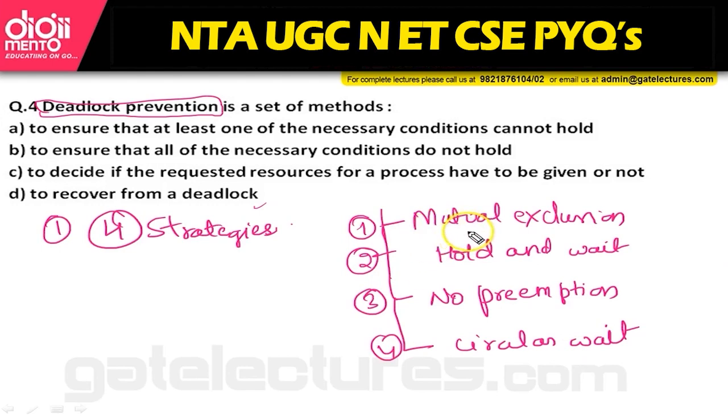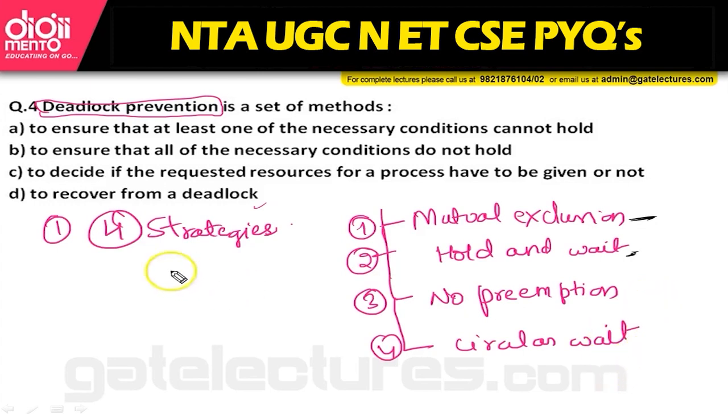What is mutual exclusion? If processes are not mutually exclusive, one process can execute other processes' instructions, and then deadlock can occur. Hold and wait is when one process is holding resources and waiting for some other resources and is not even releasing them. Non-preemption means a process is not preempted until it gets all the resources.